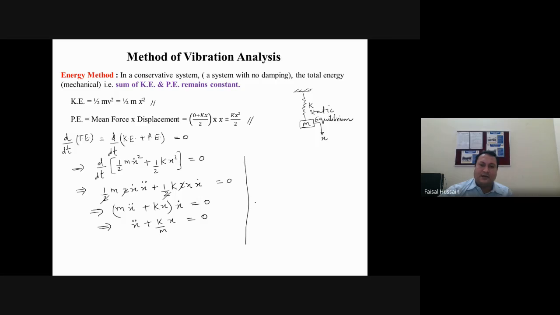And my simple harmonic motion equation is x double dot plus omega n square x equal to 0. So here the coefficient of x is k by m. For example, this is equation number 1 and this is equation 2, and here the coefficient of x is omega n square.